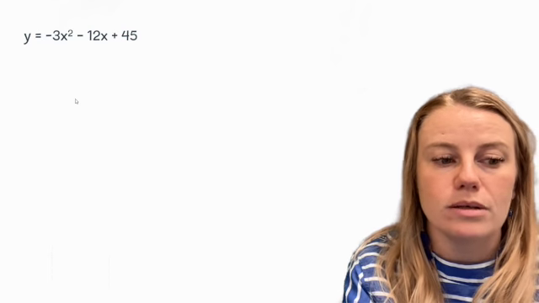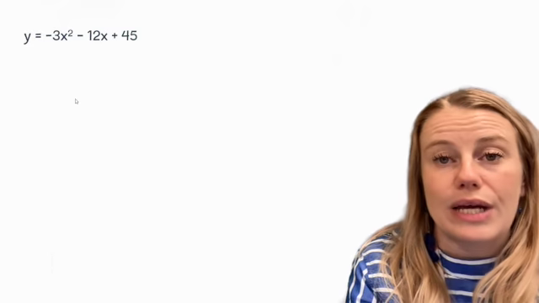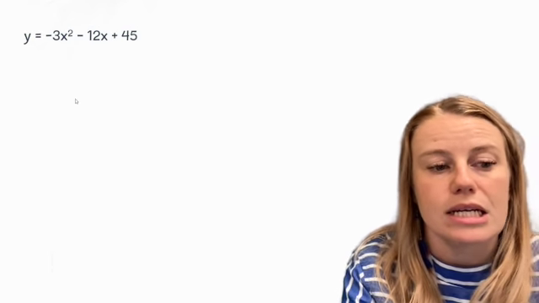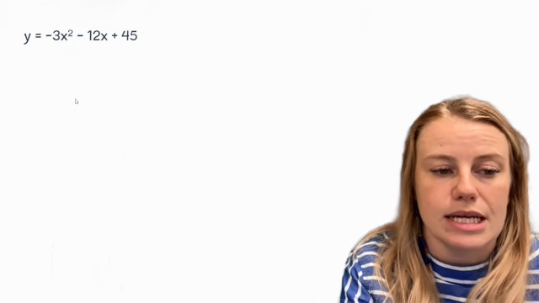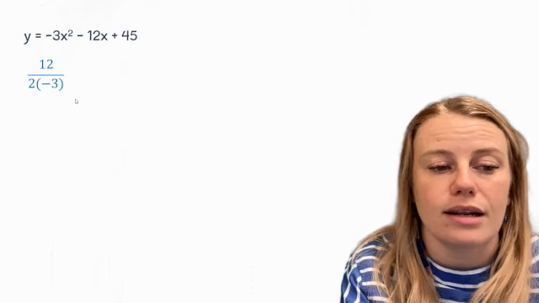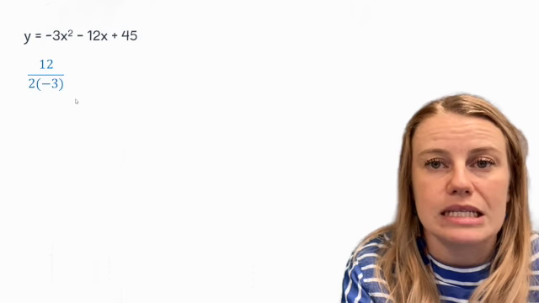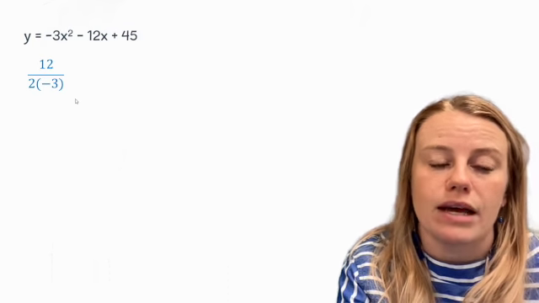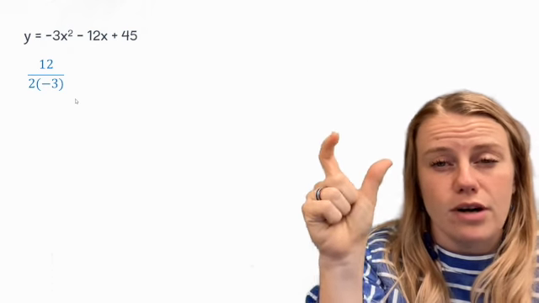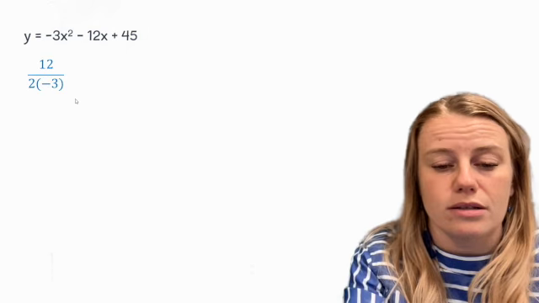One more example. We've got negative 3x squared minus 12x plus 45. Let's find our vertex. So we're going to take the opposite of b over 2 times a. So we've got negative 12 as b, so positive 12 divided by 2 times negative 3. Remember, those signs in front of the letters travel with those letters, so it's negative 3.